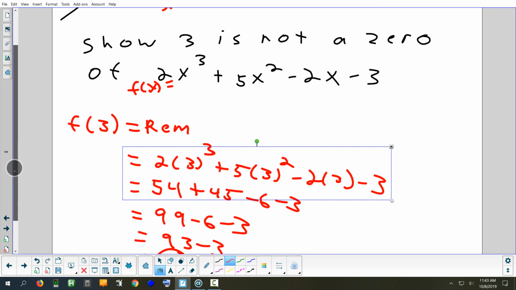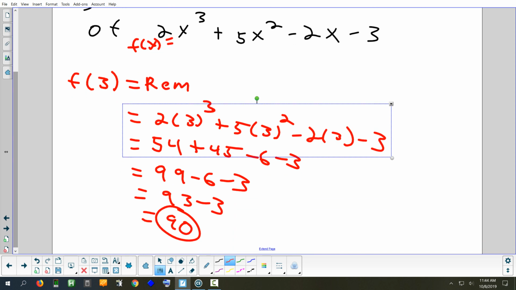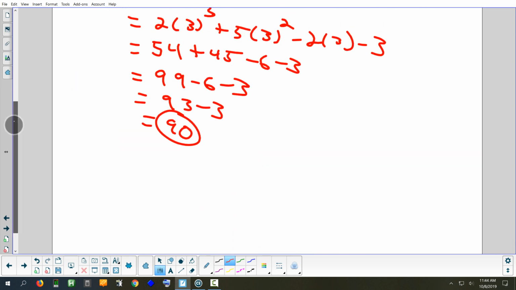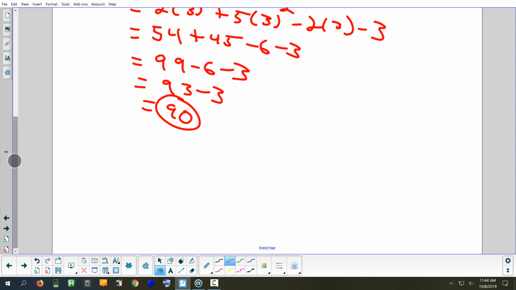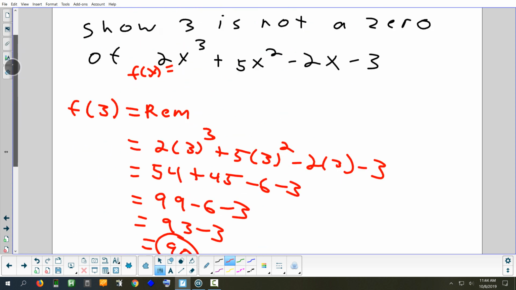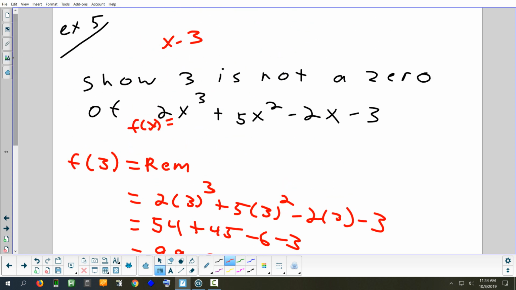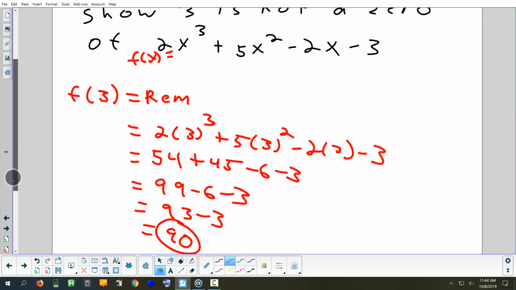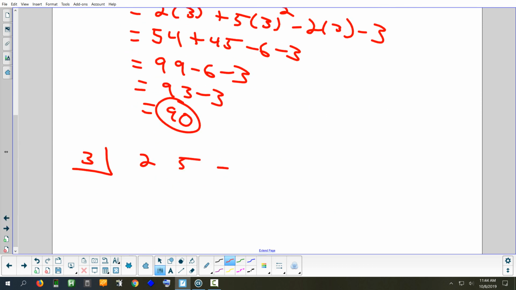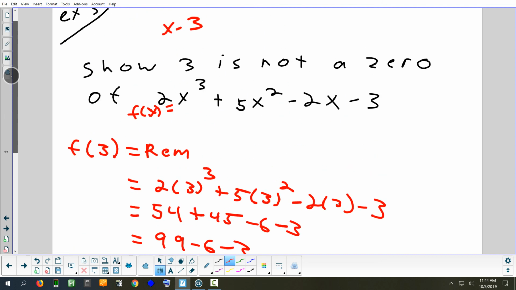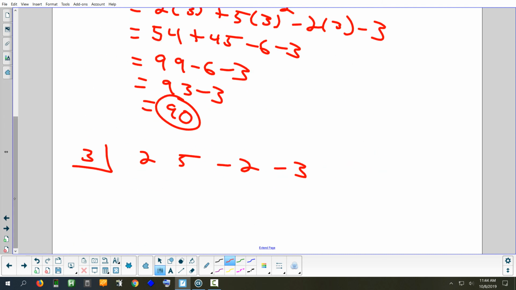Now, with synthetic division, probably could do it just as fast. So let's put 3, and then 2, 5, negative 2, negative 3. I hope we get the same thing. If we don't, then I did something wrong.